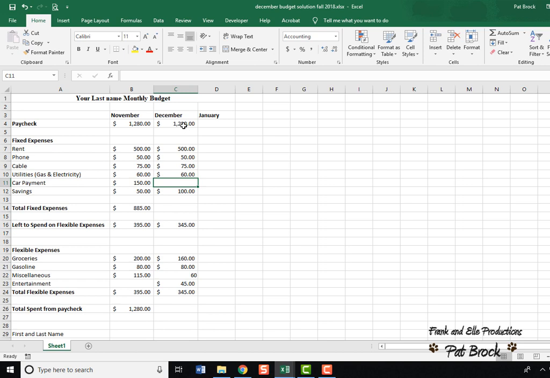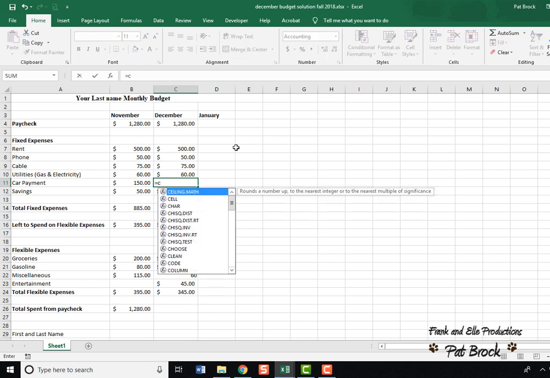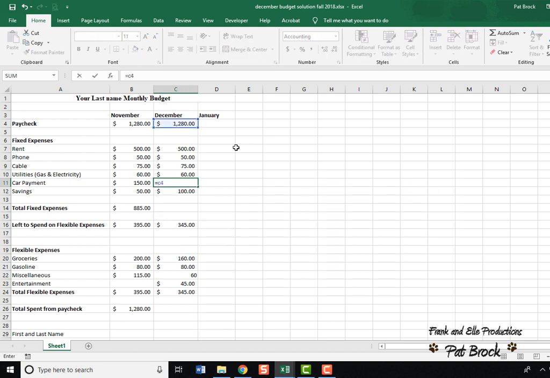So right now your paycheck is $1,280. So we'll take equal C4 minus all the fixed expenses you know. C7 minus C8 minus C9 minus C10 minus C12.